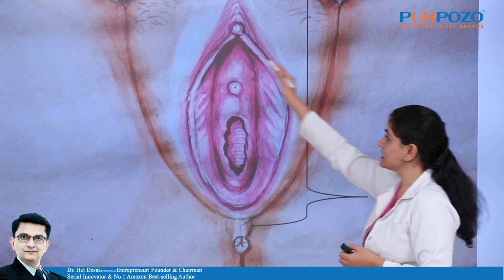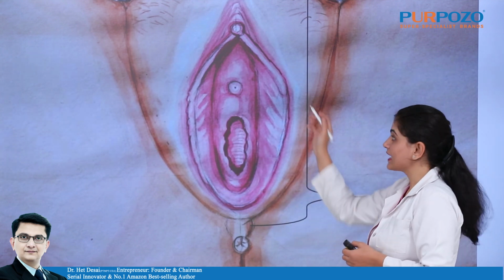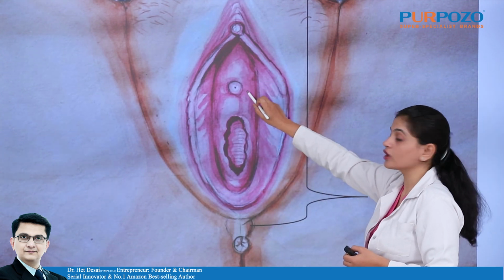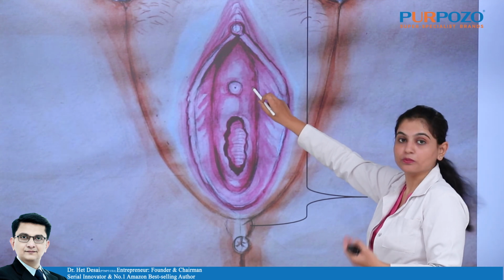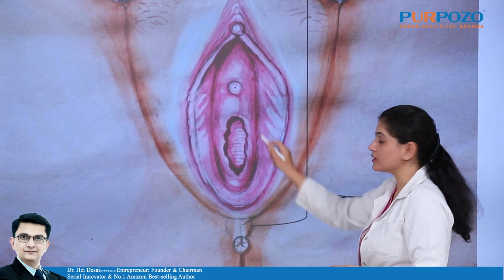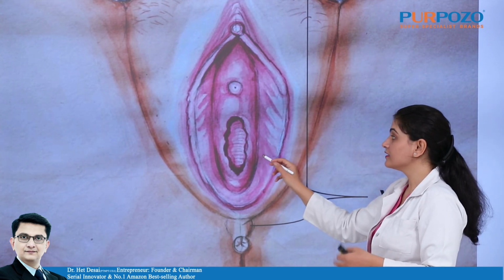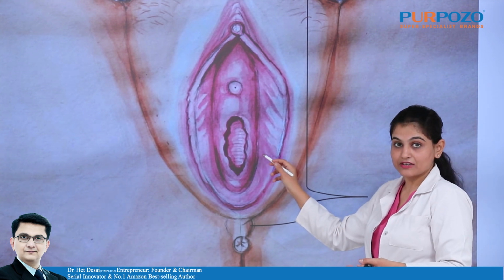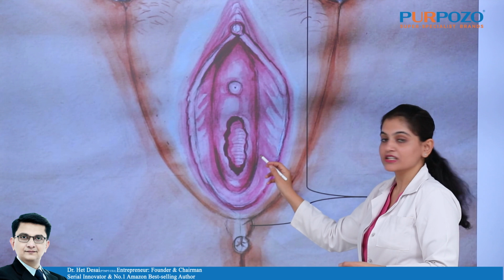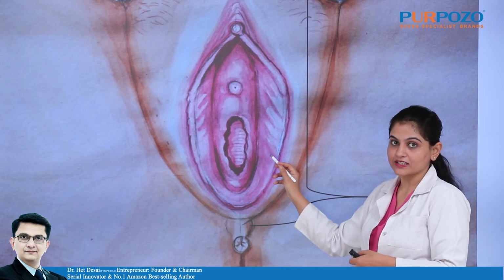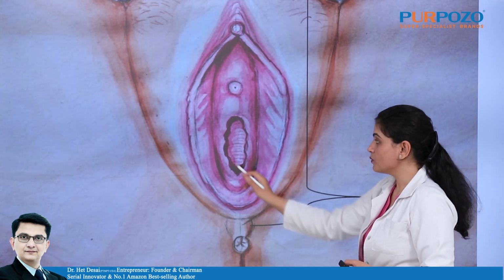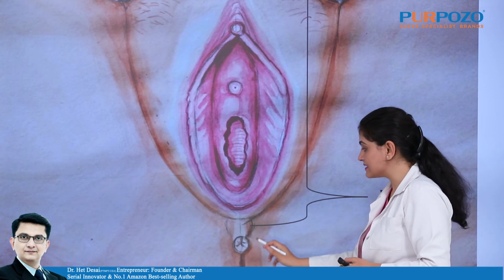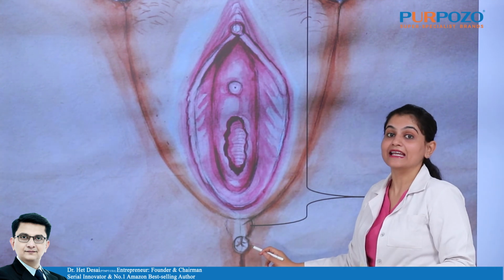If you see in this image, you can see 3 openings. The first is your pee hole from where you pee. The second is the birth hole from where the blood during menstruation comes out, the baby comes out during delivery, and the penis penetrates during sexual activity. This is the vaginal opening or the birth hole, and the last is the poop hole or the anal opening.